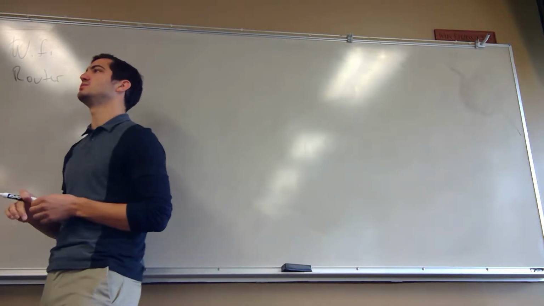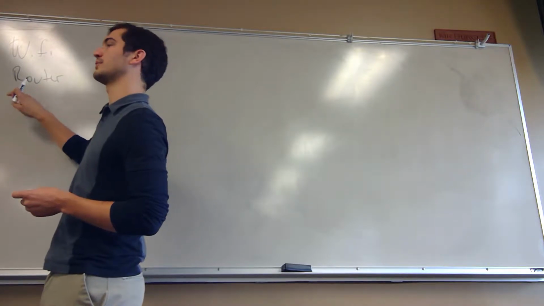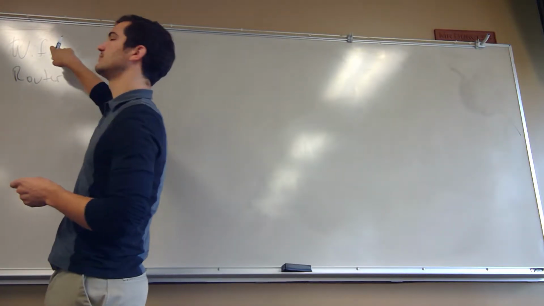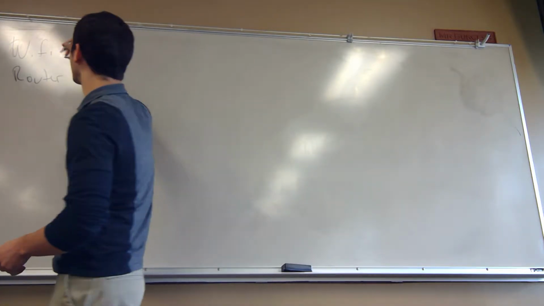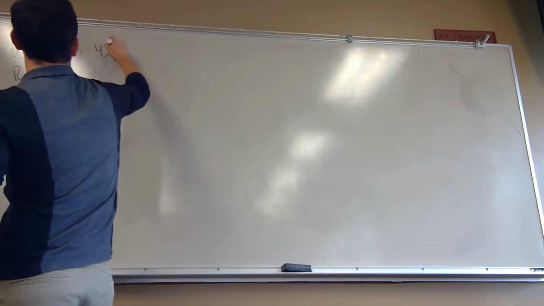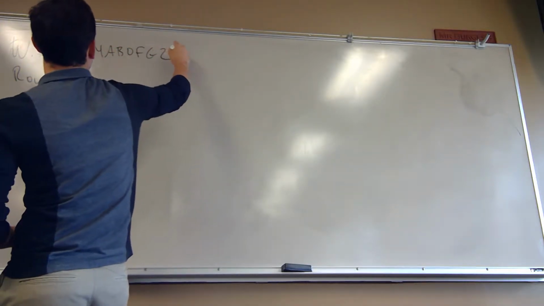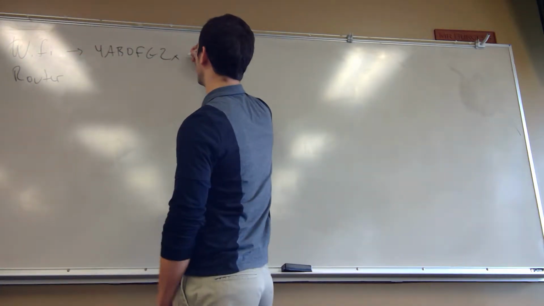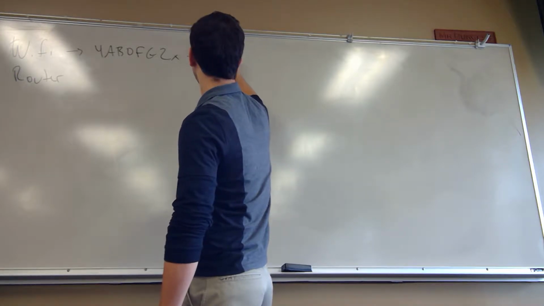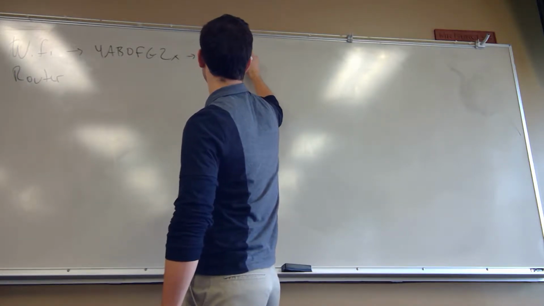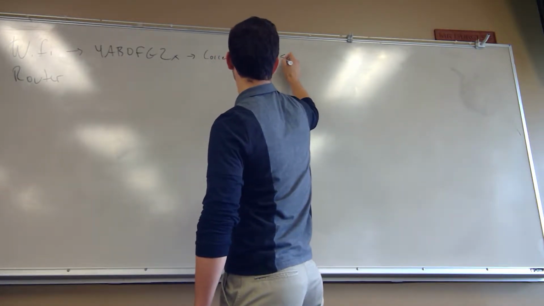what you'd want to do is change the default password on your home router and your network. You want to change your default Wi-Fi password because those can be mined and found online. So instead of having something like 4AB0FG2X, just do something like this is the password: correct horse battery 84 staple.